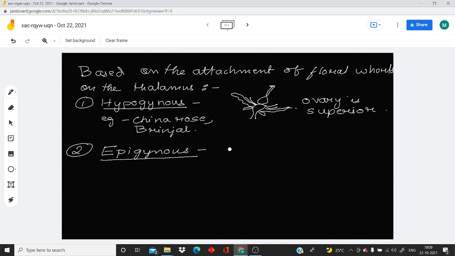If this is the ovary, the thalamus will cover it like this. The ovary is inside the thalamus and all the other whorls are above like this. So the ovary's position is inferior.